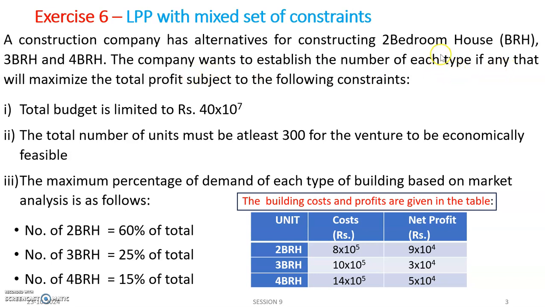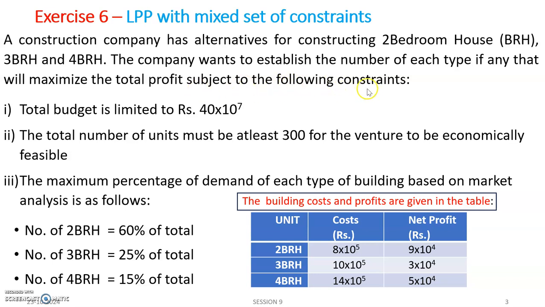So the number of each type of 2-bedroom, 3-bedroom and 4-bedroom houses, if any, that will maximize the total profit subject to the following restrictions. So maximization of total profit is our objective function, the total profit of selling the 2-bedroom, 3-bedroom and 4-bedroom houses constructed by the company.